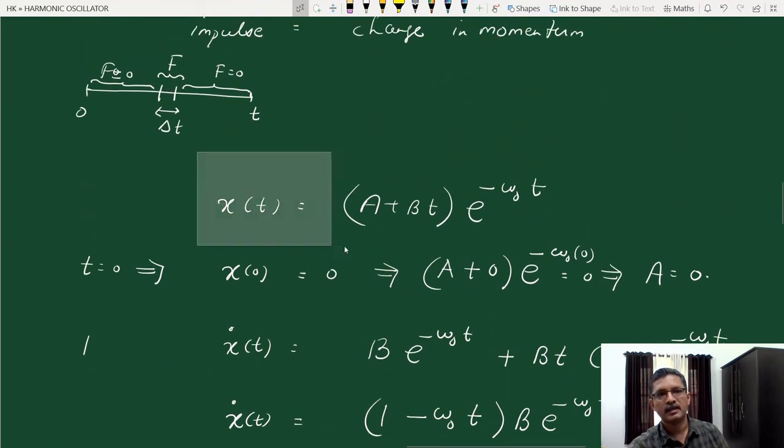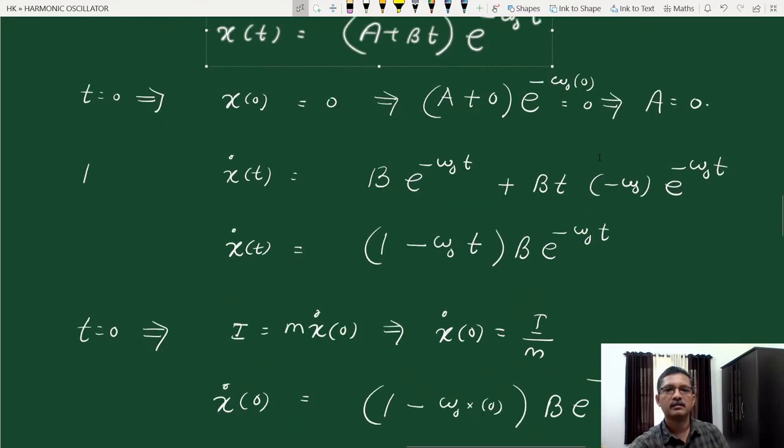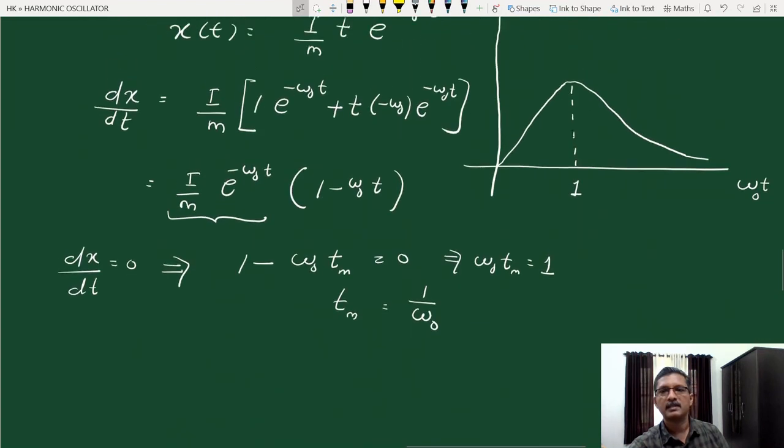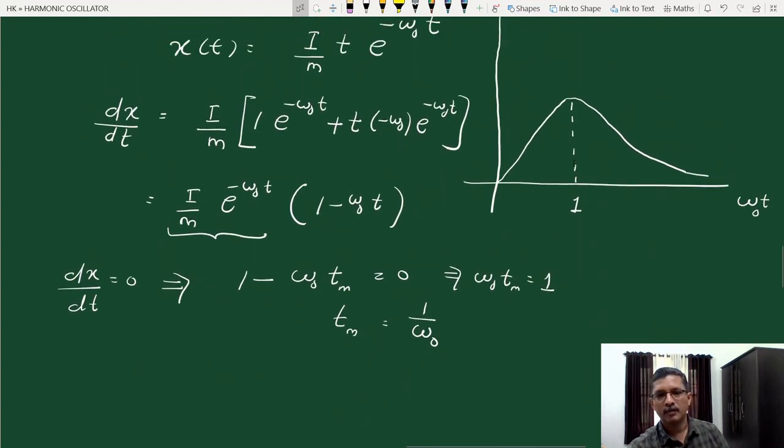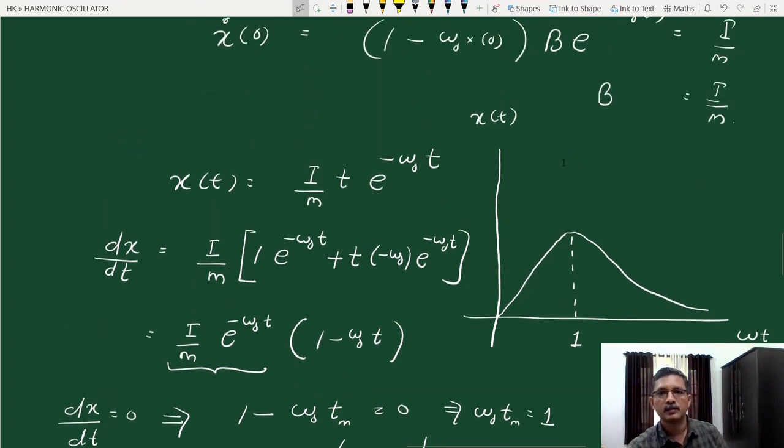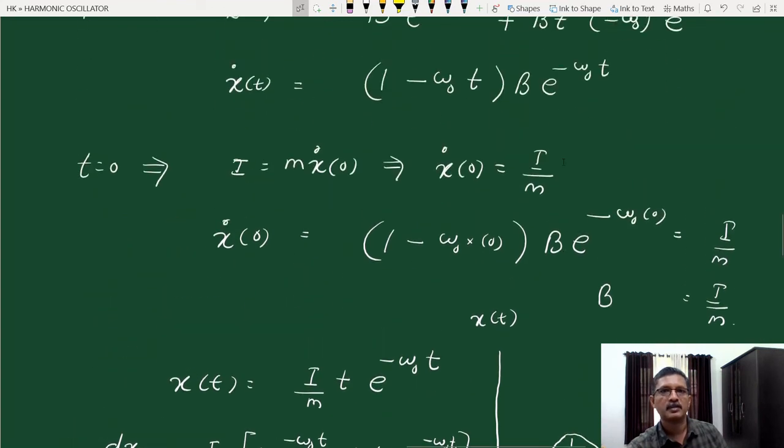This is the general expression for a critically damped oscillator, and if a is equal to 0, then it satisfies the condition that time becomes 1 by omega 0, or omega 0 t becomes 1. The displacement becomes maximum, and then it exponentially decreases.